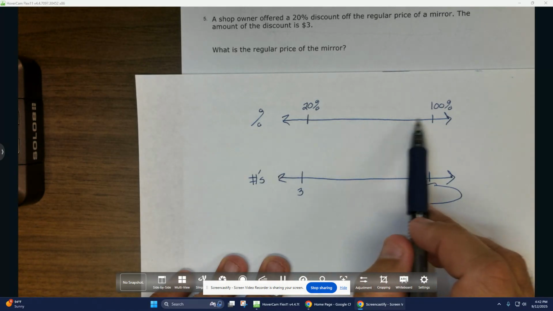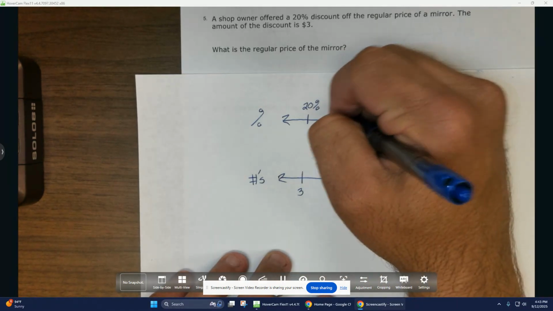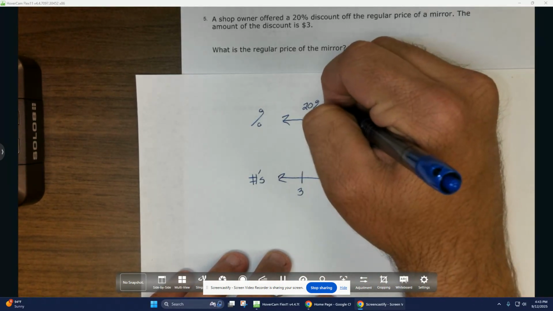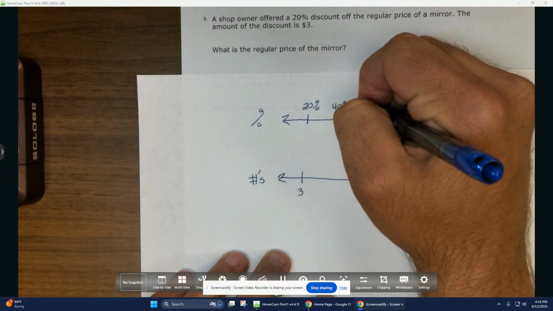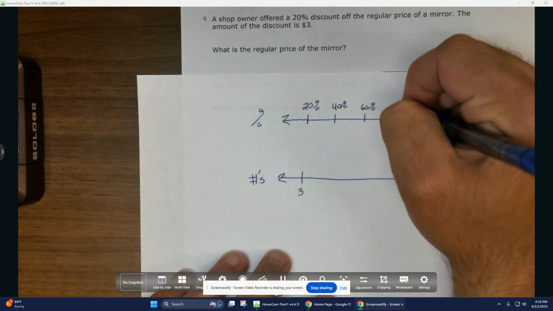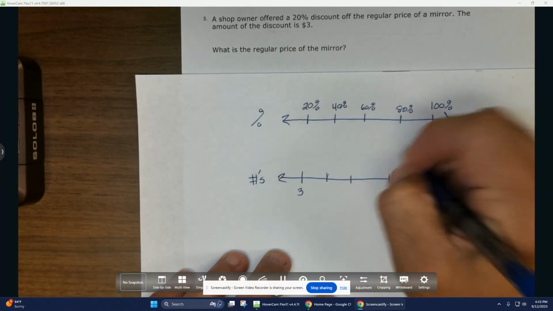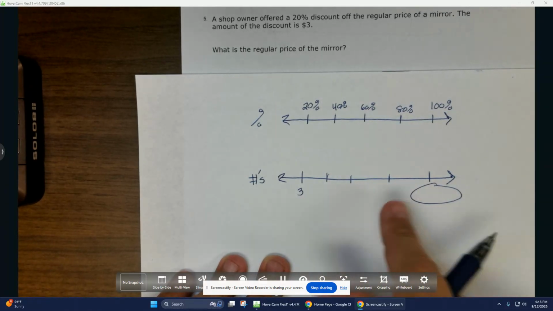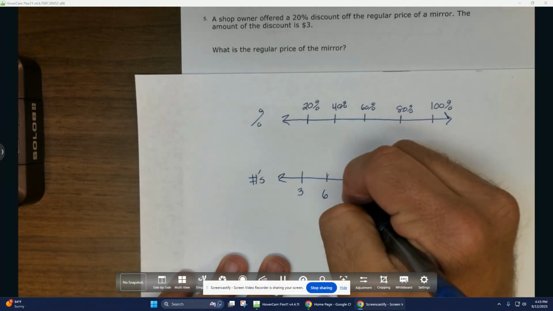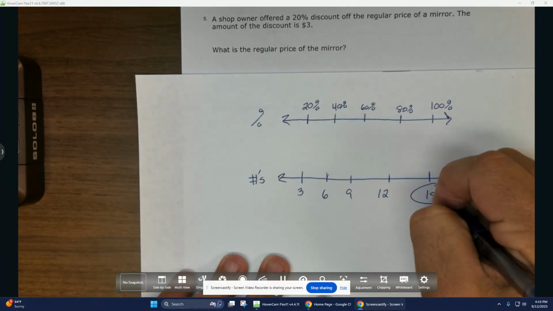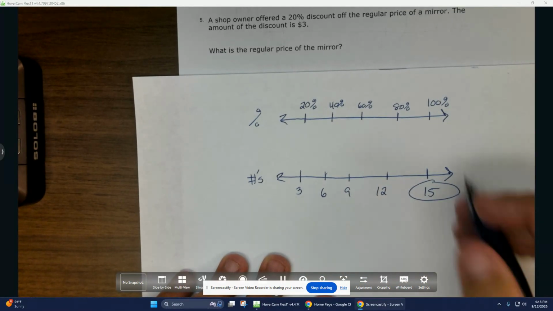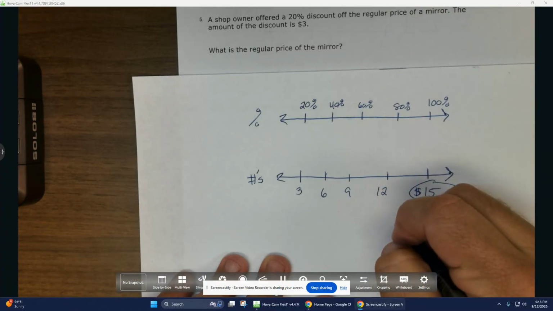Can't you count by 20s until you get to 100? Or what are you counting by here? You're counting by threes. Oh, snap, there it is, $15. That's your answer, $15.